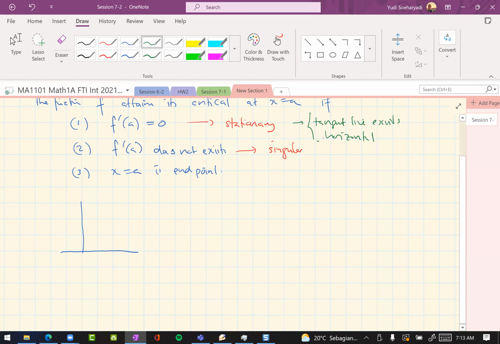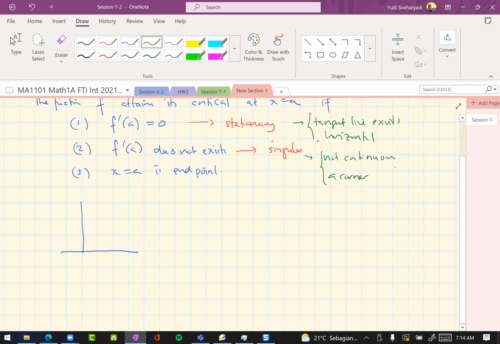Okay, and singular. We know that the derivative doesn't exist if it is, say, not continuous, or a, how do you call it, corner. I would say just corner. Okay.